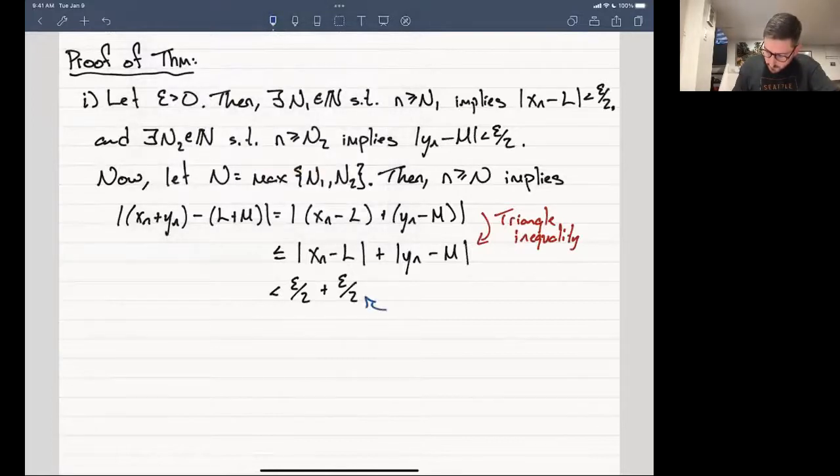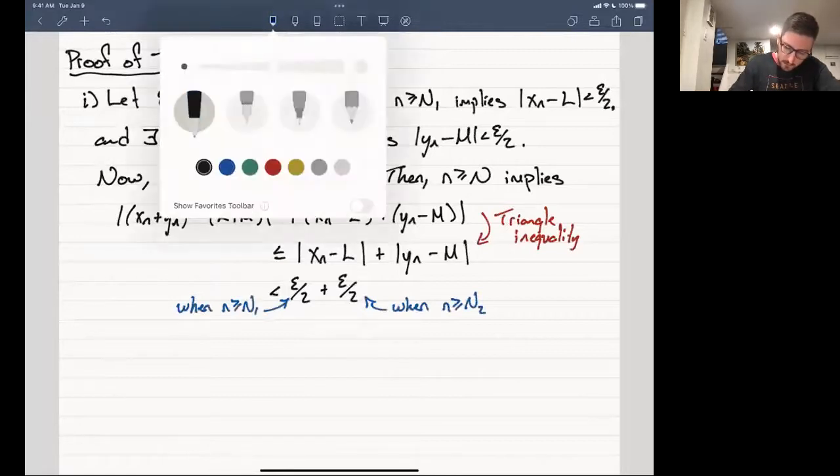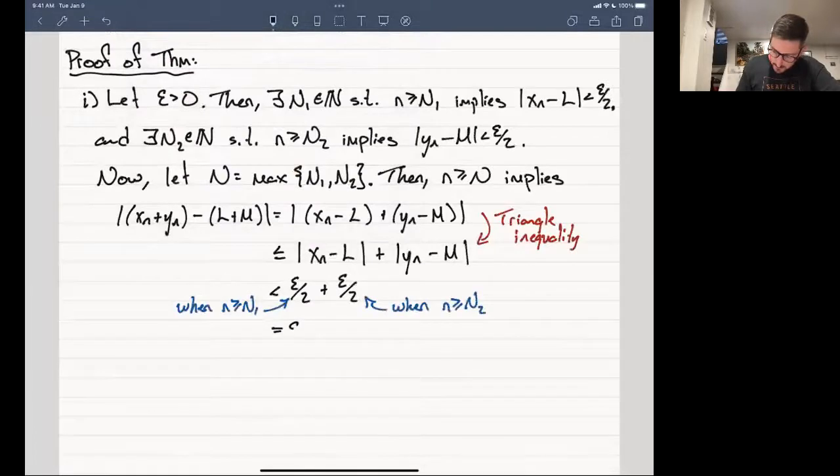Since we're beyond both of them, that holds, and this gives me epsilon. So therefore, xn plus yn converges to L plus m.